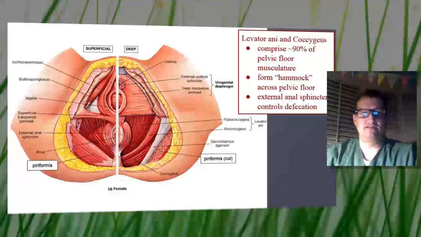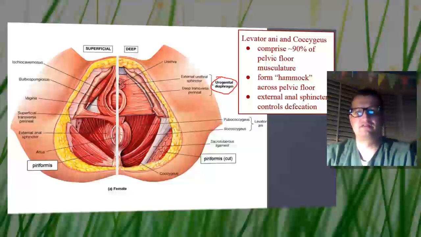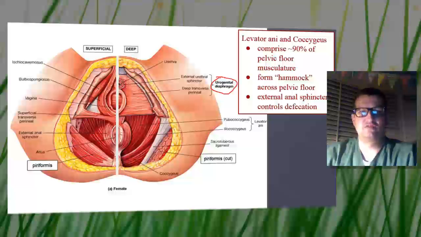Again, you can see the urogenital diaphragm is here, and that's made up again of the levator ani and coccygeus. These form a kind of hammock across the pelvic floor.